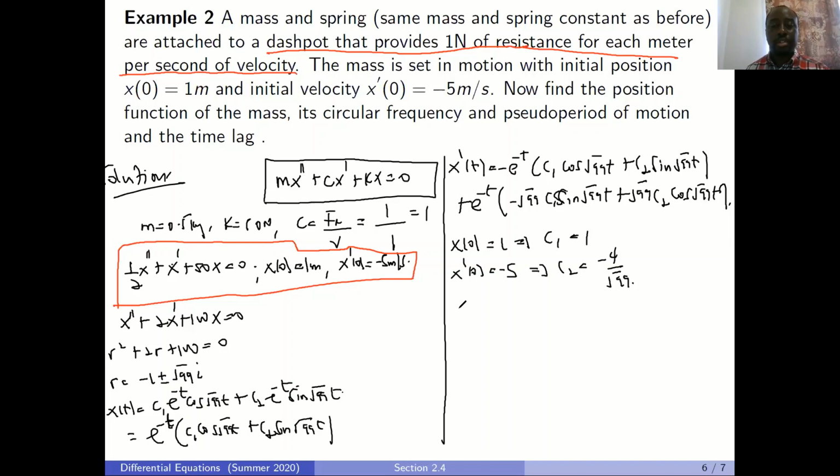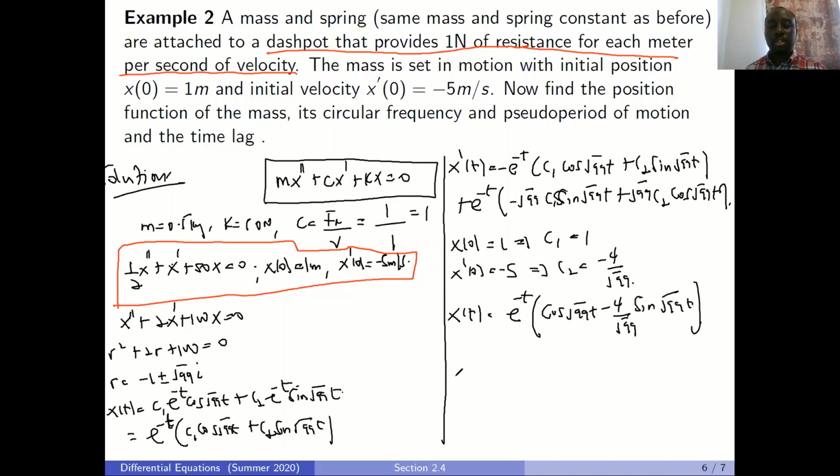And so my position function is now e to the minus t times cosine of the square root of 99 t minus 4 over the square root of 99 sine of the square root of 99 t.